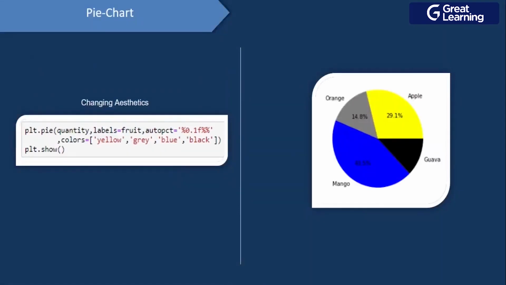Now we can also go ahead and change the colors of these different sectors and also add the actual percentage in these different sectors. To add the percentage, we'll be using autopct. So here, for this autopct attribute, I am using 0.1f. Now what this basically means is that the 0.1 means I'll have the decimal values to one place.